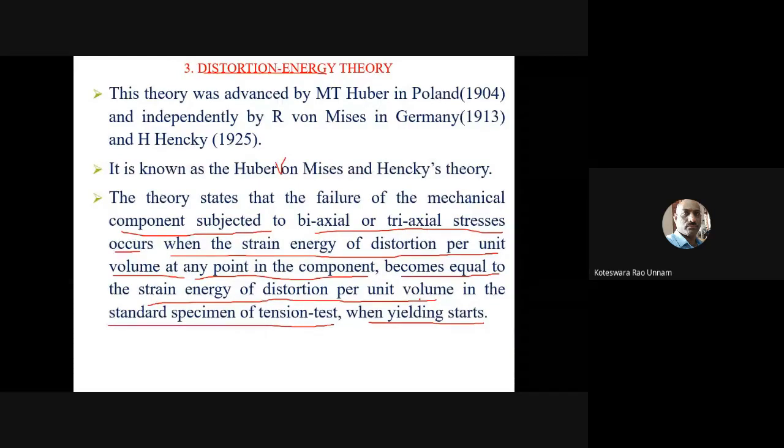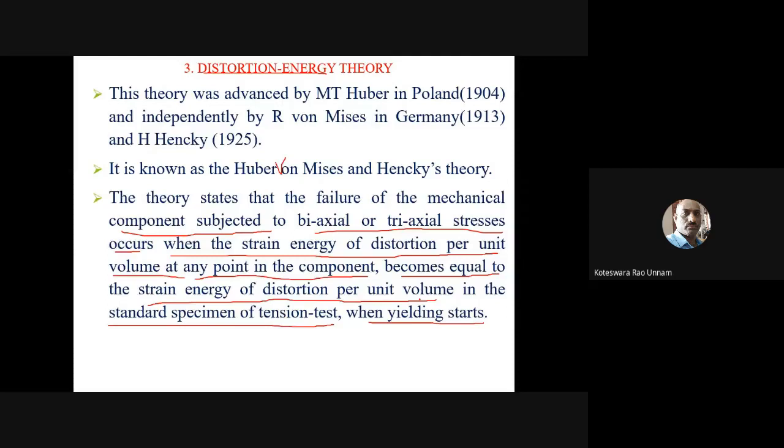That means you need to calculate the distortion strain energy in two cases: one for the actual biaxial or triaxial state of stress, the other for a simple tension test at yielding. If you equate these two, that is the failure condition.